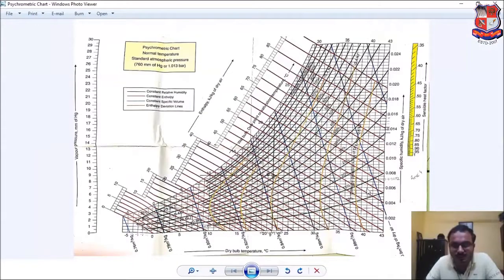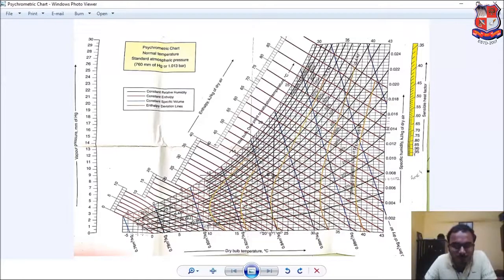Okay, so these are two things that we have covered. First is all vertical lines indicate constant dry bulb temperature and all the horizontal lines indicate constant specific humidity lines. So we are done with two lines.